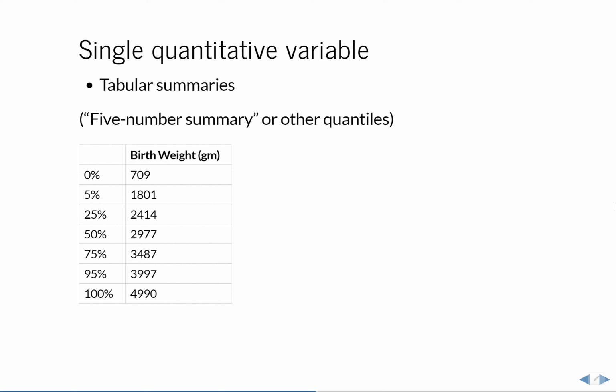The 5th percentile is 1801, so only 5% of the babies are less than 1801 grams. The lowest is 709, which seems like it's maybe a little bit far away. I would want to look at a picture to see if that qualified as an outlier.